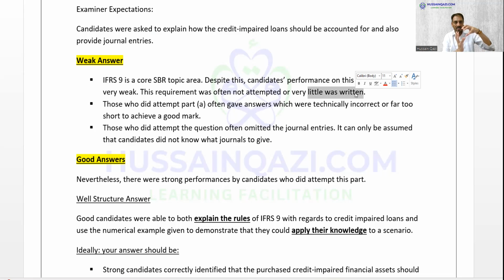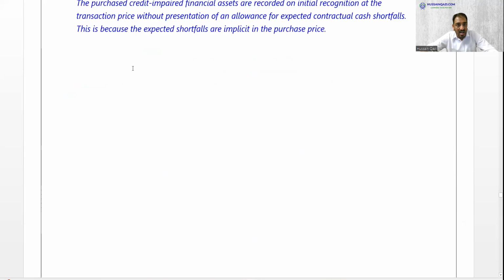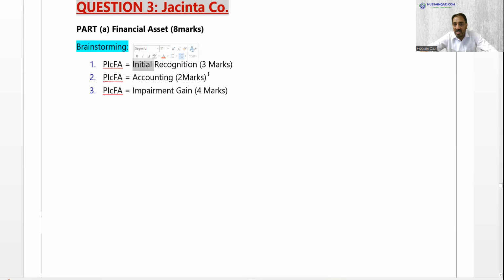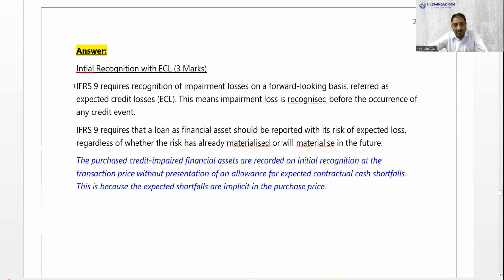Because the examiner allocates the marks within one requirement. For example, here, the marks are allocated between these 3 points. Initial recognition. So easily you will be able to start your answer with the expected credit loss and get 1 or 1.5 marks.